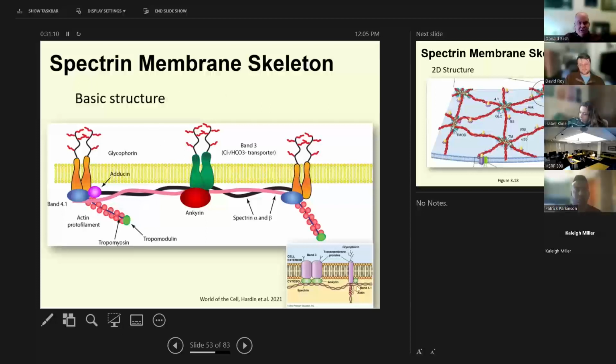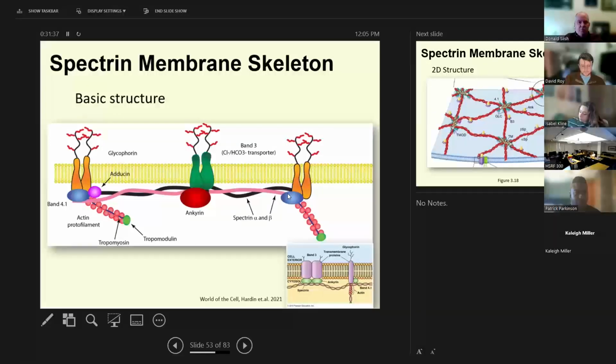And this is the basic structure down here. This is, again, from that other textbook. It's majorly simplified. This is a little more complicated way of looking at it. The proteins that are important here include this guy in the middle, band 3, which is a chloride bicarbonate transporter. Band 3 will bind ankyrin, and ankyrin will bind two different spectrin molecules.